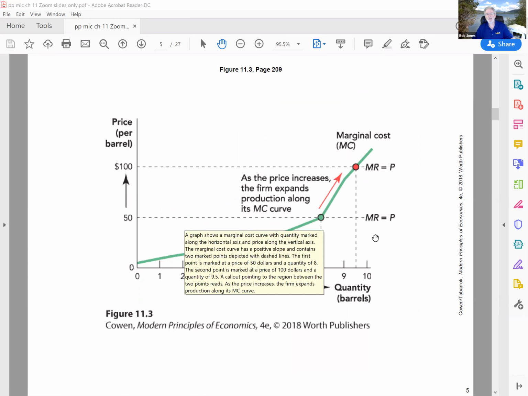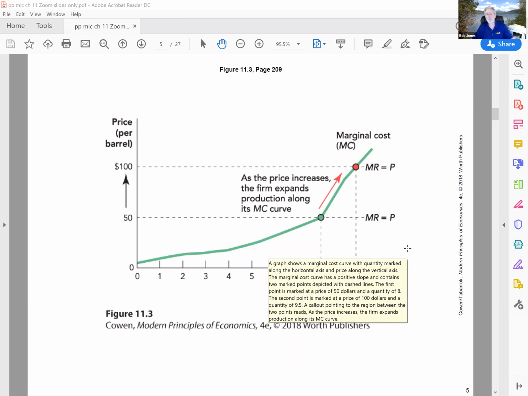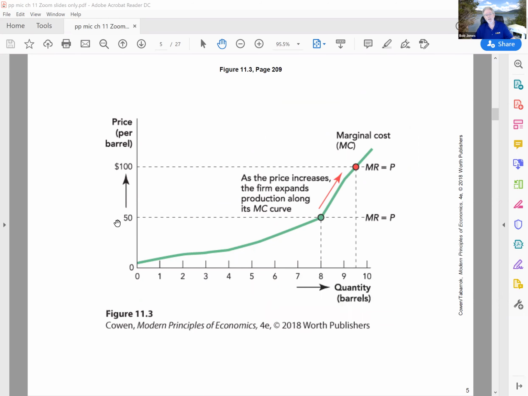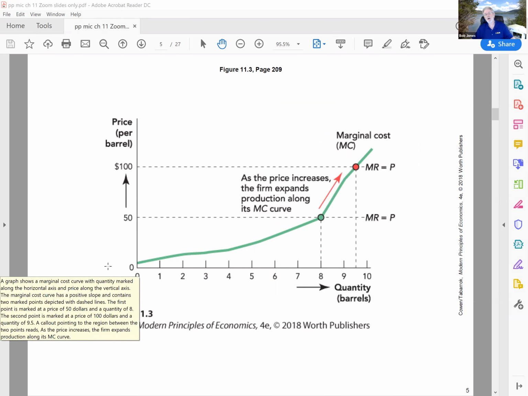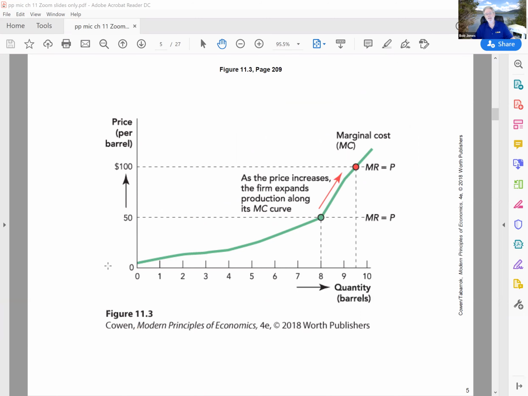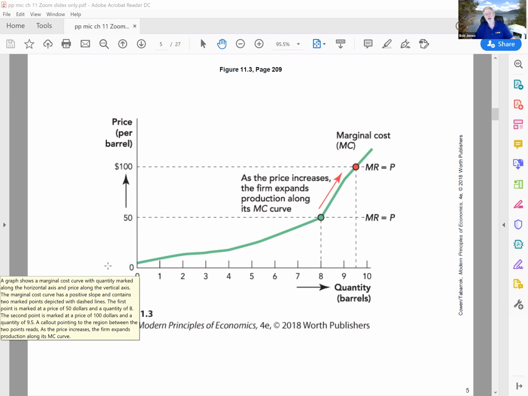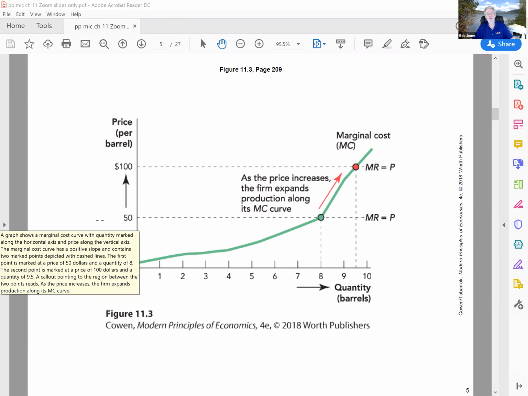And this is making the same point just a little bit differently. If you were given this graph and asked, how much will the firm choose to produce if the market price is 50?